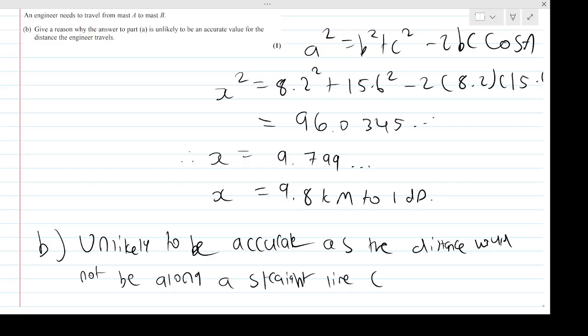So it could be curved or something like that, or they might need to go through multiple roads or multiple journeys because there might be detours when it goes from A to B. So the actual or real life distance would be greater.